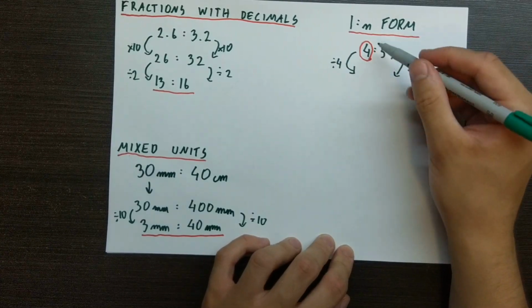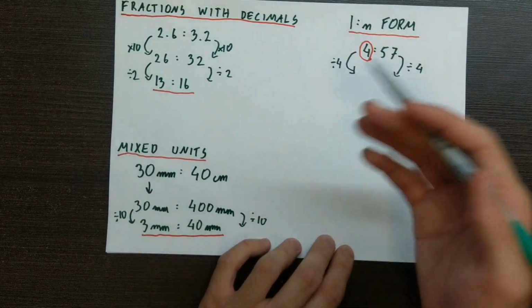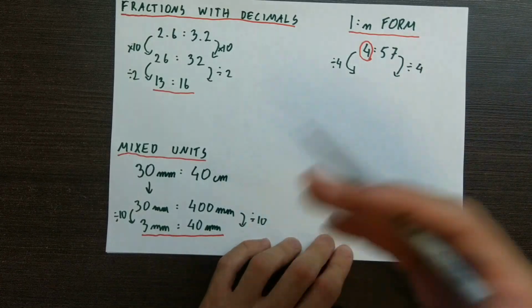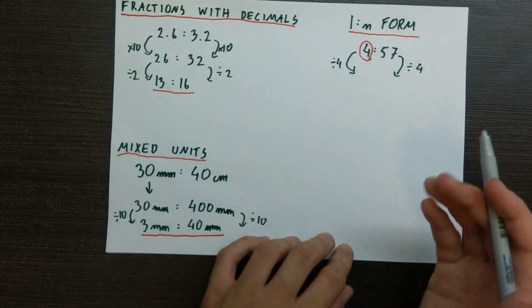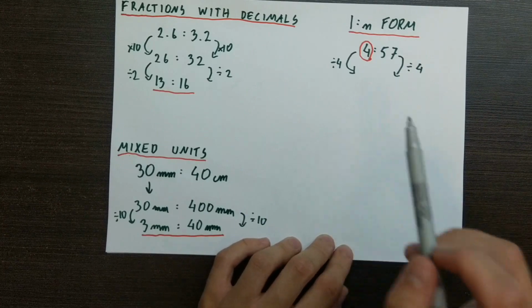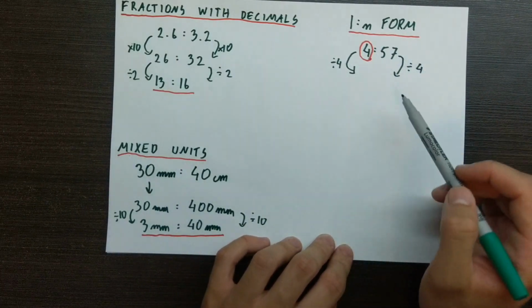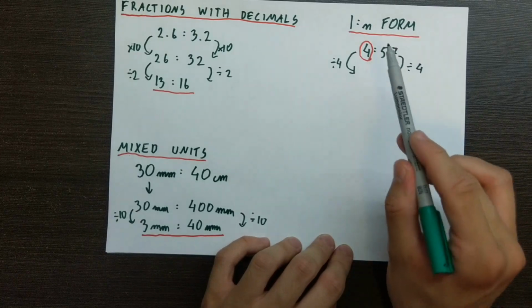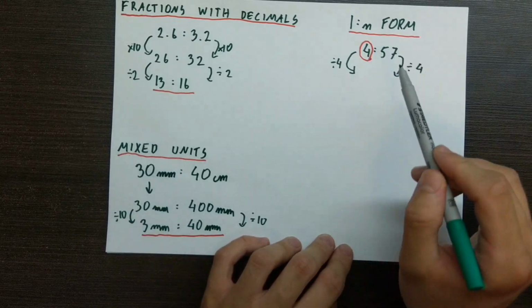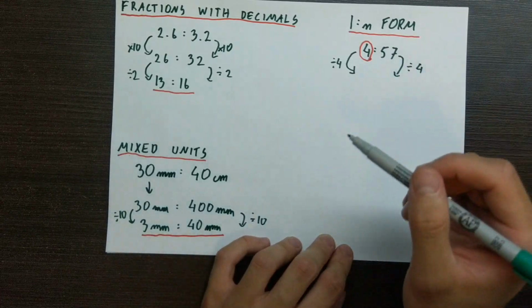That will work every single time. If you had 5 here, 5 divided by 5 is 1. 4 divided by 4 is 1. 10 divided by 10 is also 1. So that's how this method works every single time. So it's really useful. We divide both sides by 4 in this case, because 4 is the smallest number in this ratio. And what do we get?